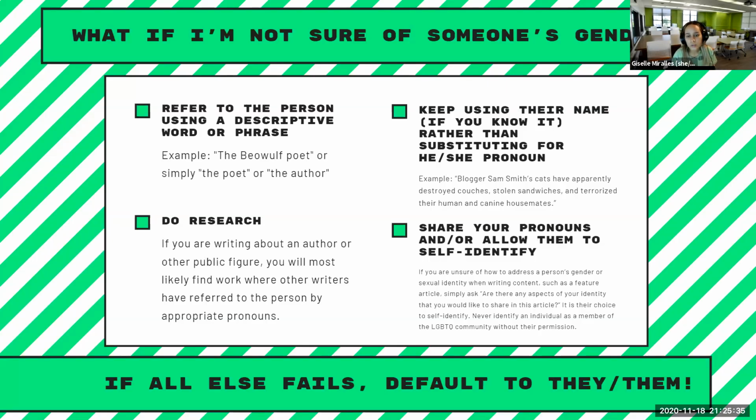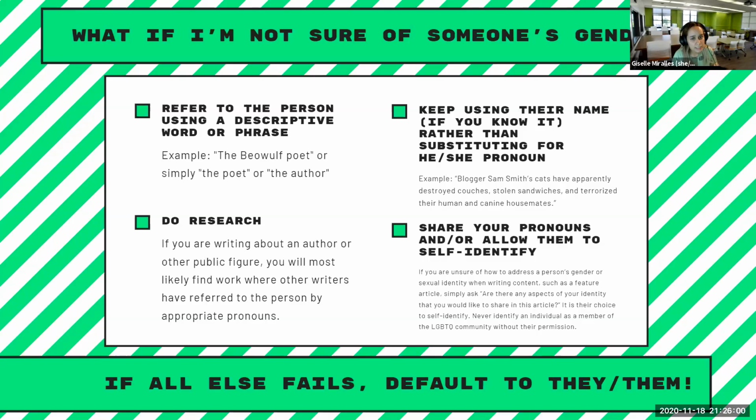So, gender neutral names like Sam might not be clear to you whether or not this person is male, female, or non binary. So, you might want to use gender inclusive pronouns and nouns in that situation as well. Maybe this person has a name from a language you're not sure of.